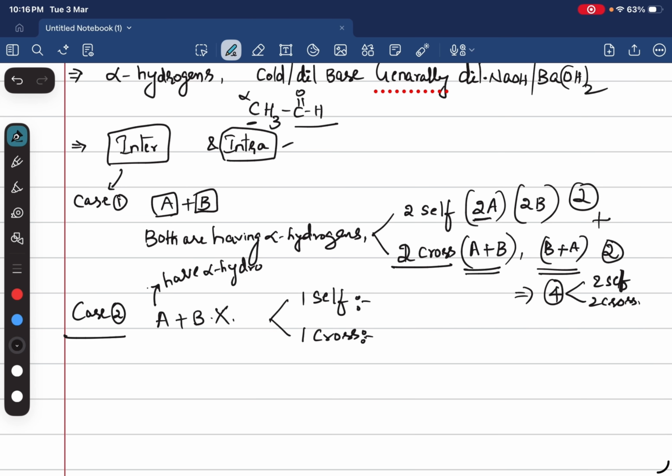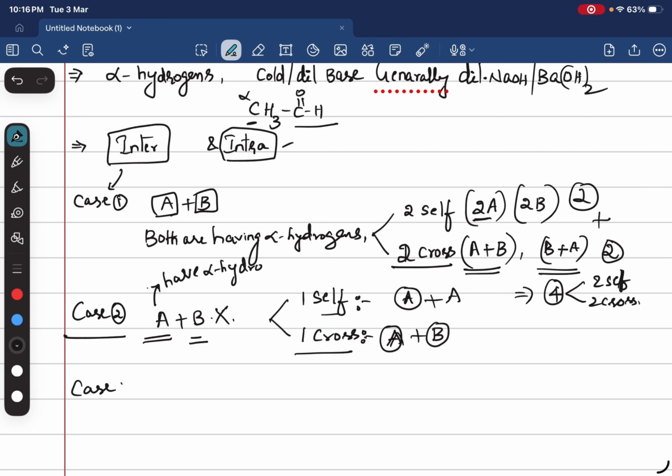Case 2, where only one of the carbonyl compounds has alpha hydrogen. A has alpha hydrogen, B doesn't. Then two products are possible. One is self, where in two steps only A is involved. One cross is possible: in the first step A is involved because it has alpha hydrogens, in the second step B is involved. So one self, one cross is possible.